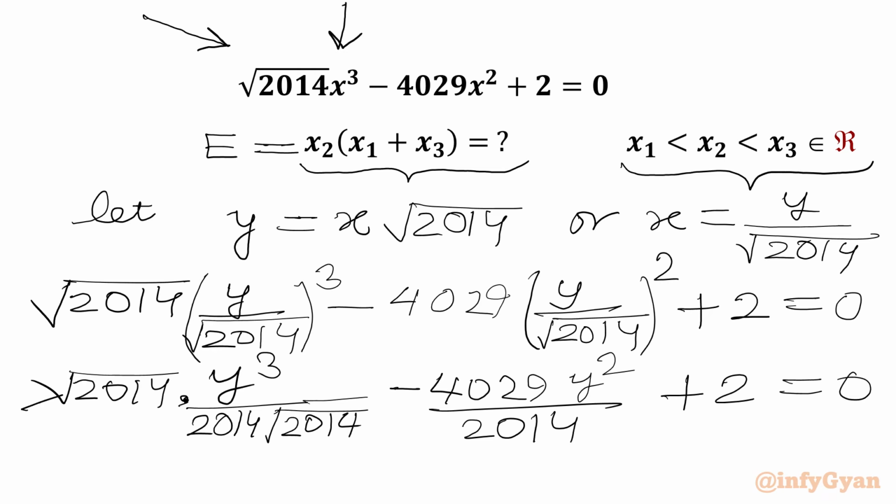Now we can cancel square root 2014 from our numerator and denominator. Now the equation is radical free. Y cube over 2014 minus 4029 y square over 2014 plus 2 equal to 0.